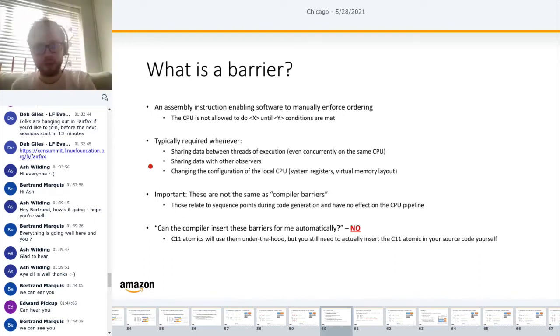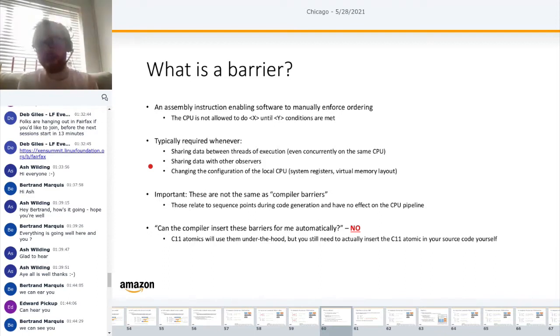Now, it's important to note that these things are not the same as compiler barriers. Those relate to sequence points during code generation, right? They have no effect on the CPU pipeline because by the time your binary is an actual binary, all of those compiler barriers have already been resolved. It was just during the code generation step into actually generating your final binary. What we're talking about here are CPU pipeline effects, right?